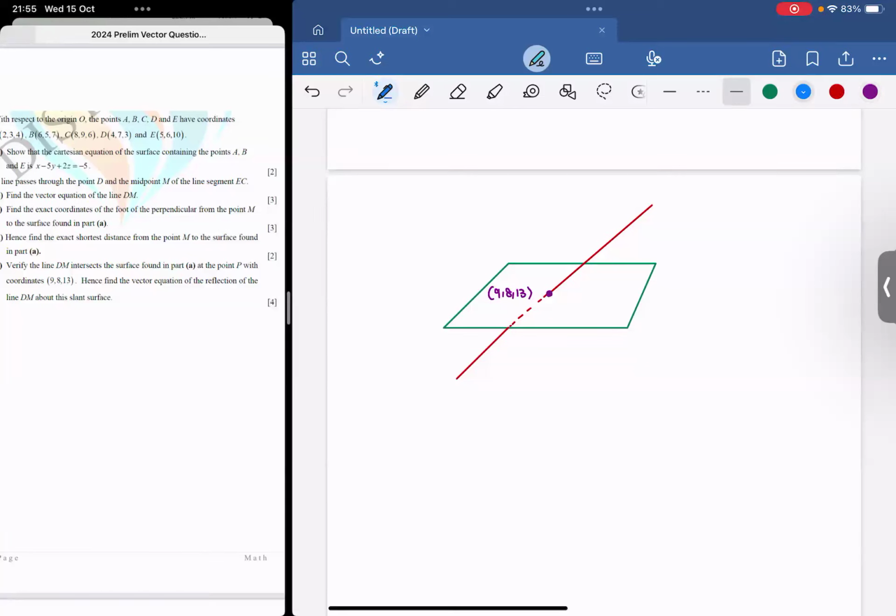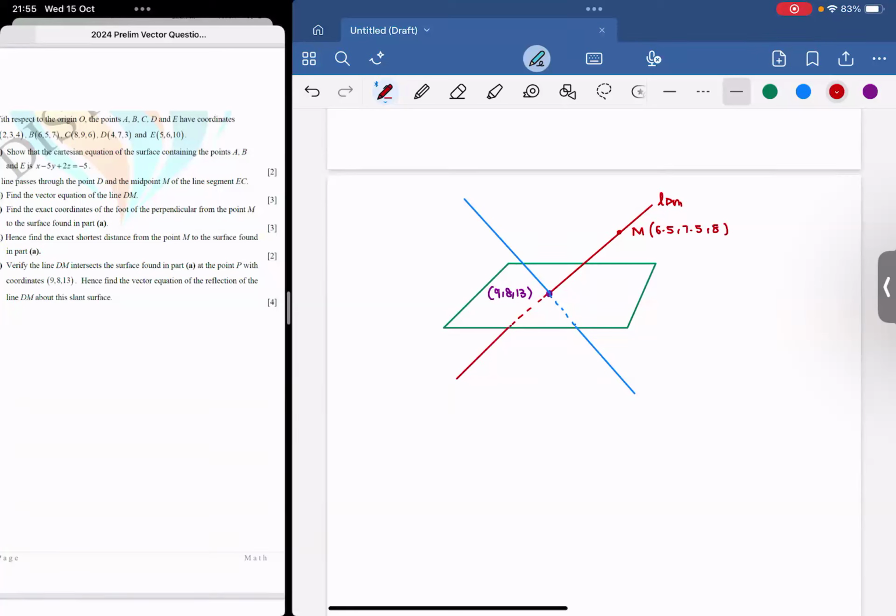When this red line gets reflected, it will look like that. To find the equation of the reflected line, you need 2 points on the reflected line. From the previous part, this point I can call M, which is (6.5, 7.5, 8).